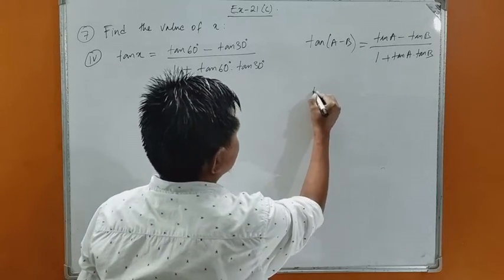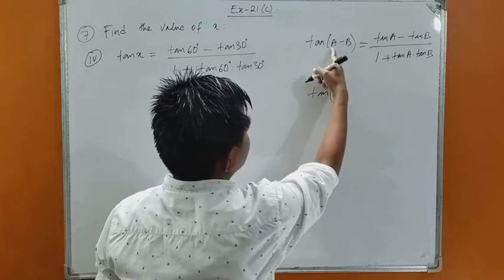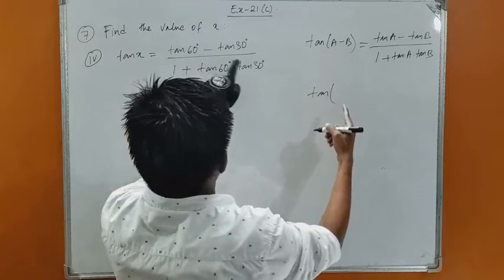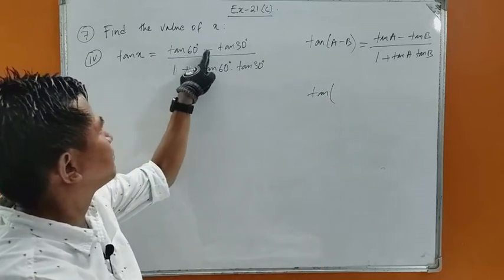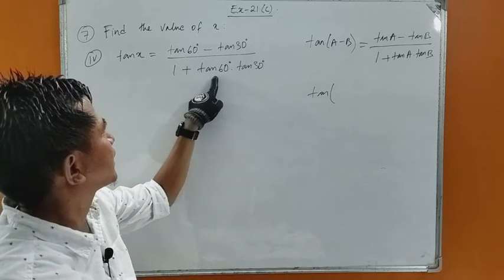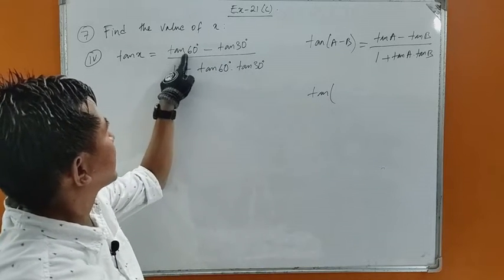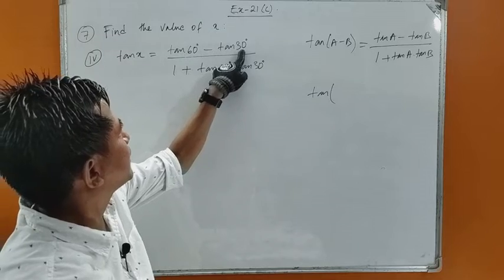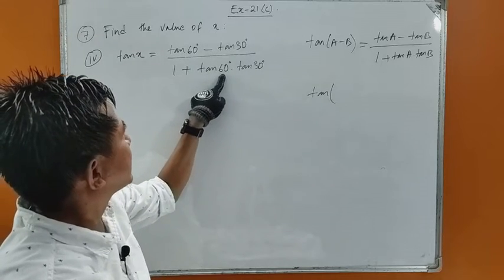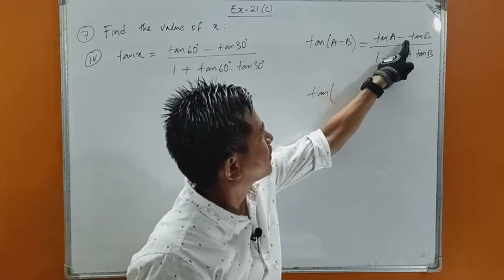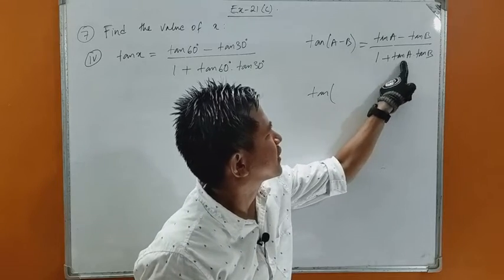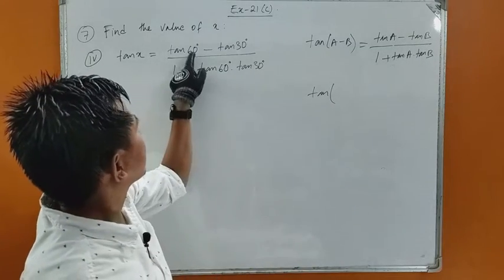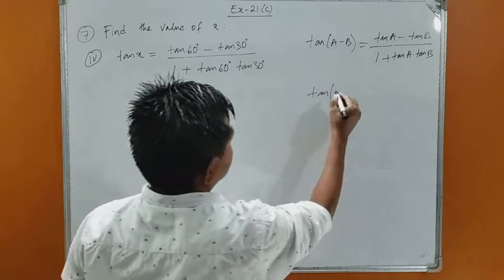What is a? a is 60, b is 30, isn't it? tan a minus tan b over 1 plus tan a tan b means tan (a minus b), that is 60 minus 30.